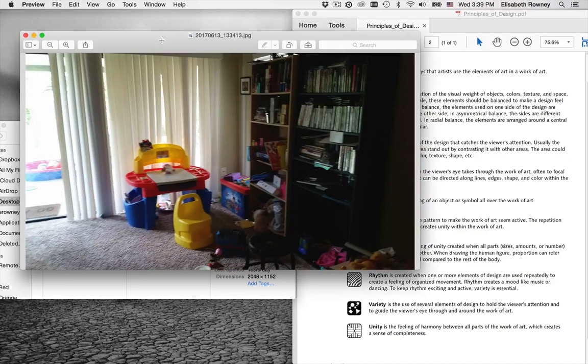So, if you were to submit something like this to me, and you would lose points, and you come back and try and say, well, the emphasis was supposed to be the bookcases, and I was using the repetition of the blinds in the background. No, you weren't. What you actually have here is a hot mess, not something that is really trying to show me principles of design. Because what in the world are you actually wanting me to look at?